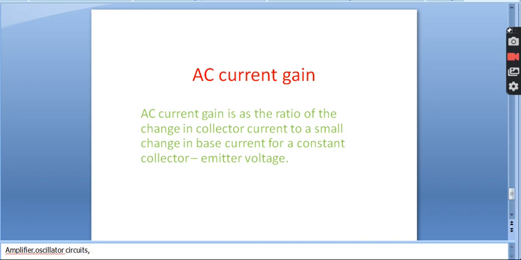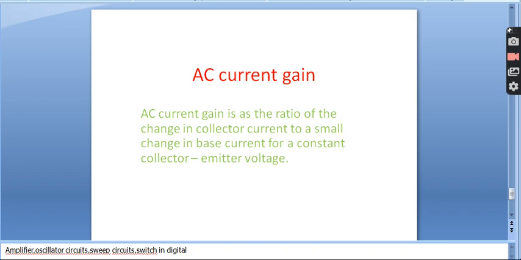It is also used in sweep circuits. It is also used as a switch. Where are we using this switch? It is used as a switch in digital circuits.